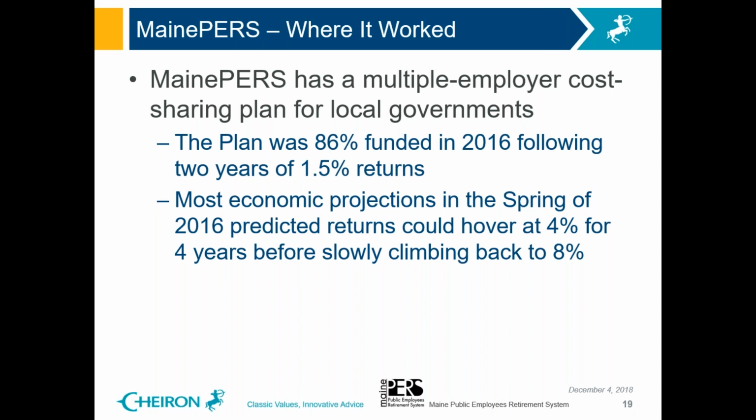But while some plans maybe provided extra benefits with their excess funding, what this plan had done was to reduce the employer's contribution rate from 8% to 3%. So for 10 or 12 years, quite a long period of time, the employers had gotten used to paying 3% instead of 8%.